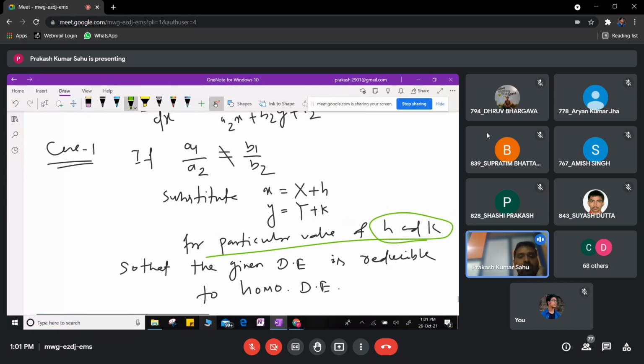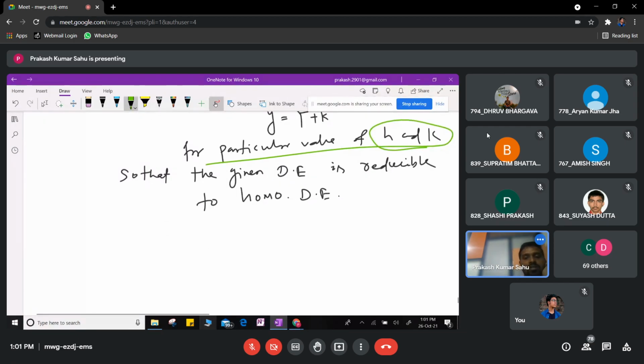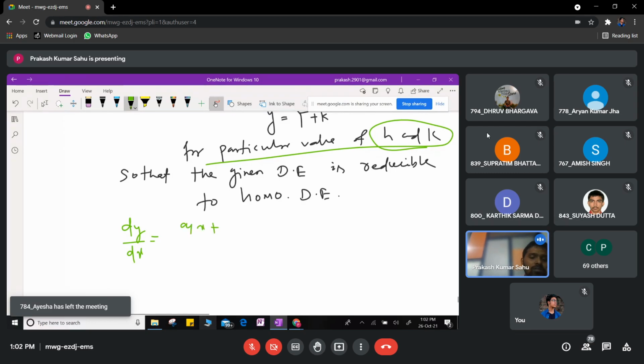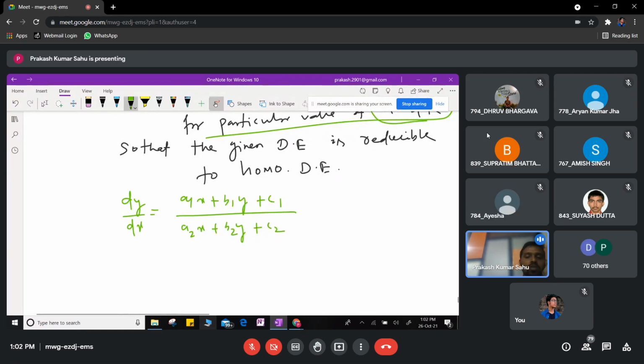Suppose dy by dx is equal to a1x plus b1y plus c1 divided by a2x plus b2y plus c2, and you have to substitute small x is equal to capital X plus h and small y is equal to capital Y plus k.